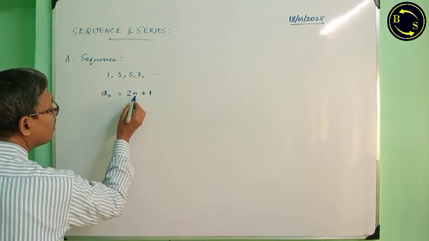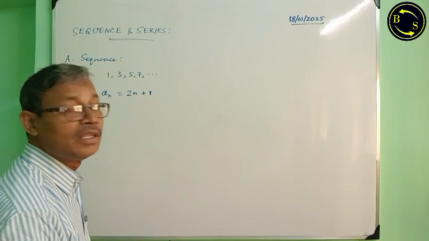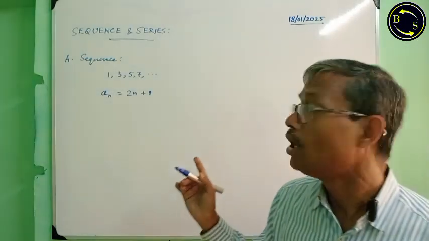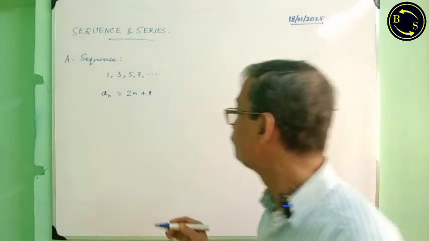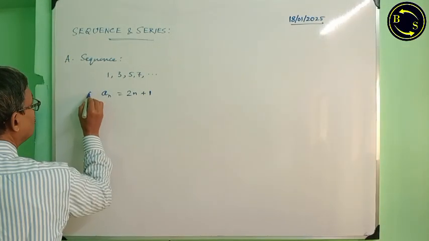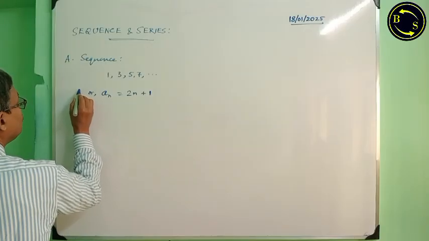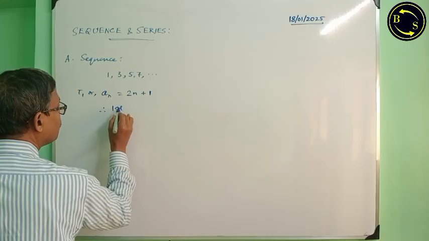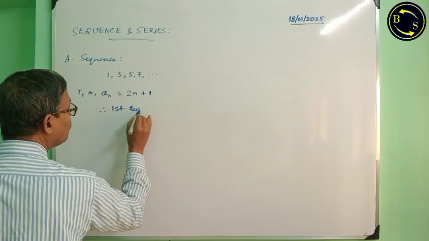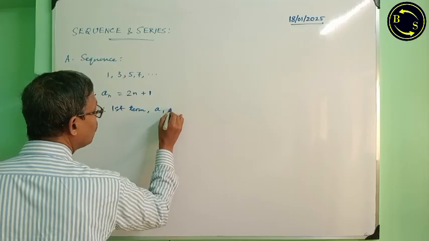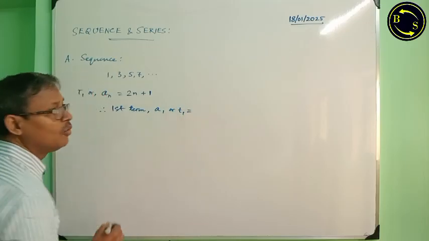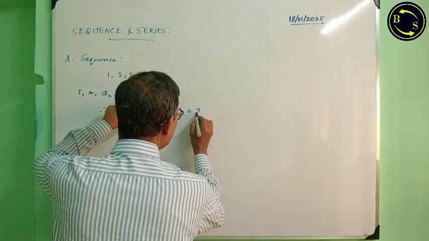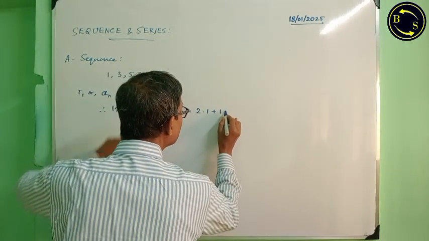Then if I put n equal to 1, I will get the first term, that is denoted by A1, or some write T1. Therefore, the first term A1 or T1, how will we get it? Just by replacing n by 1, that is equal to 2 into 1 plus 1, that is 3.